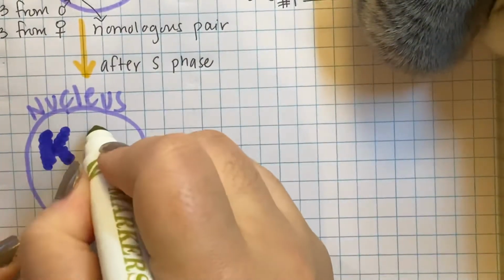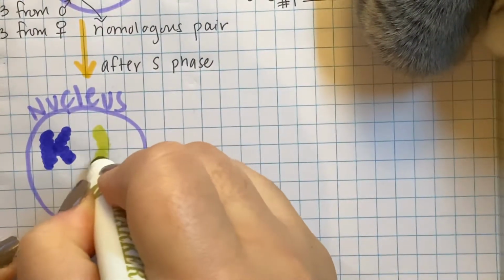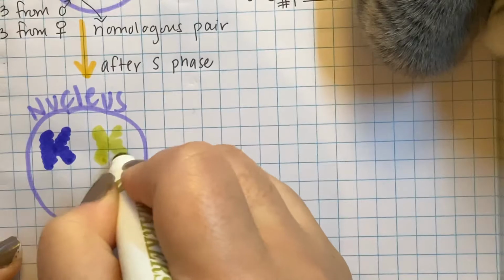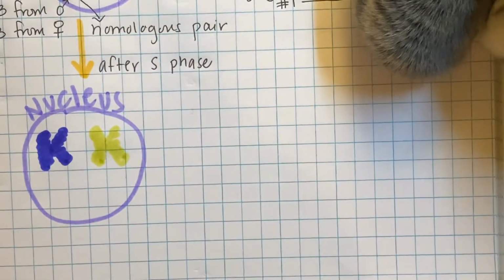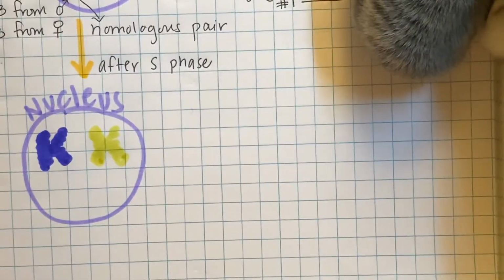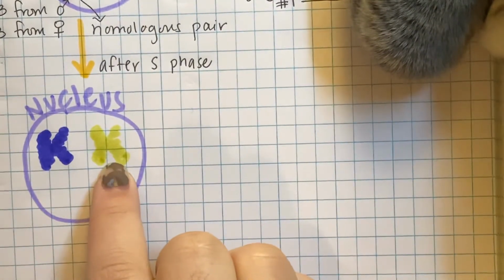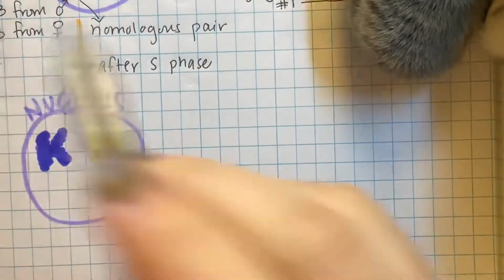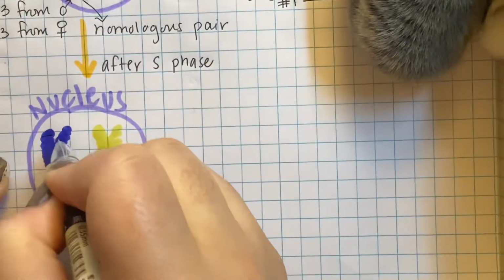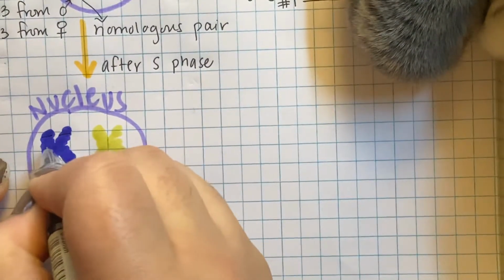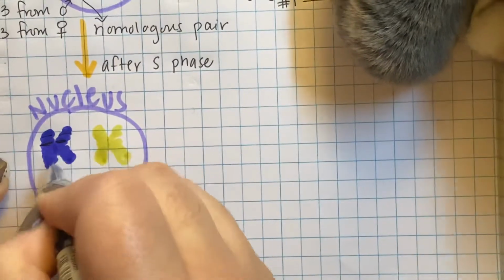The other one that came from the father will also be replicated. So when you see a replicated genome or a replicated karyotype, all the chromosomes look like these little X's. They'll have the same banding pattern because they should be exact copies of each other.